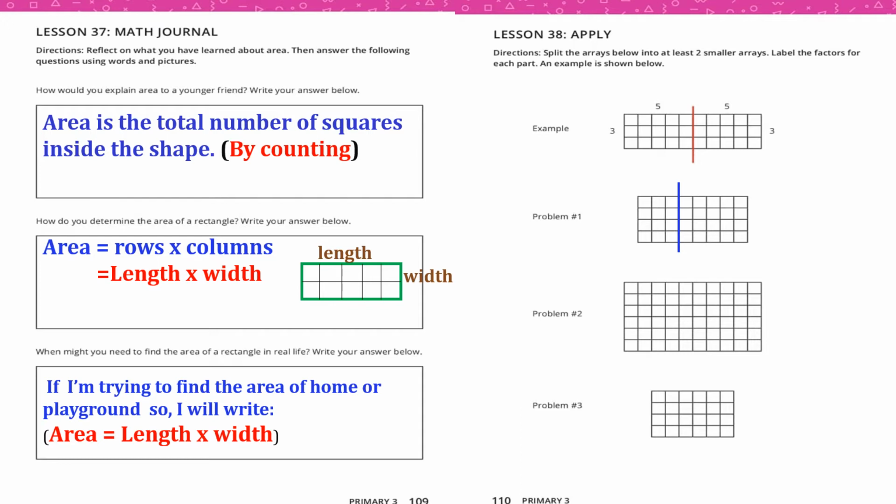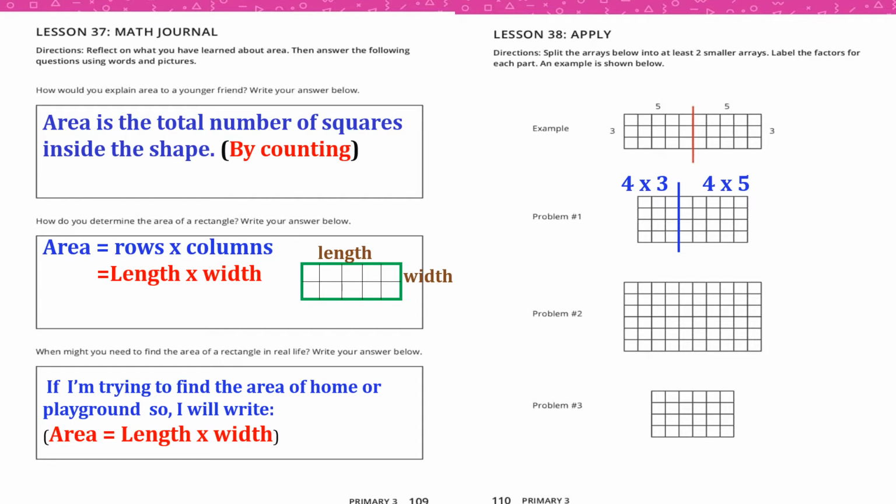But if I divide it into smaller arrays, the first array will be 3 times 4 or 4 times 3, which equals 12. And the second array will be 5 times 4 or 4 times 5, which equals 20. 12 plus 20 is 32. It's the same.